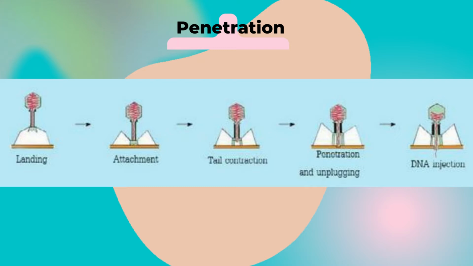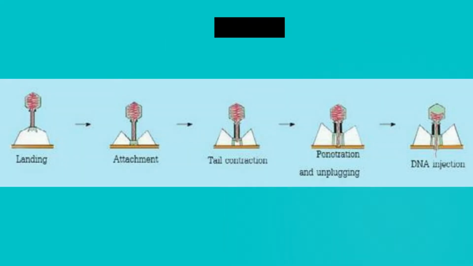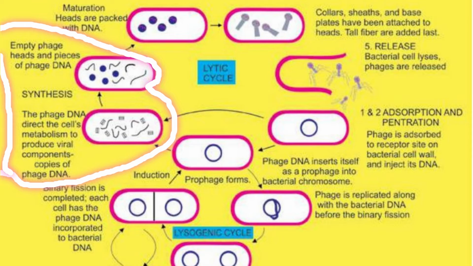Here you can see again two steps have been completed, that is attachment and penetration. The marked area is showing the next step, that is multiplication. In multiplication, basically replication occurs.